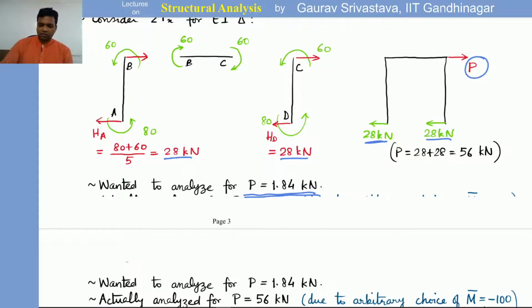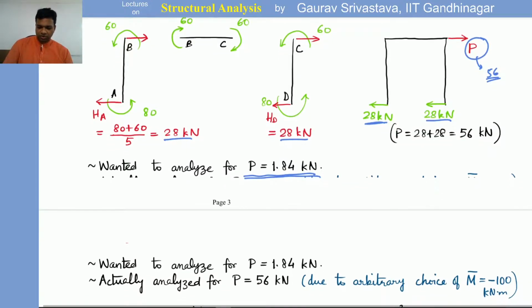But we actually solved for the case where p is equal to 56, right? So this net reaction to the left and the applied force to the right, they have to balance out. So instead of solving it for p equal to 1.84 kilonewtons, we have actually solved it for p equal to 56 kilonewtons. Okay, and this is obviously because of the arbitrary choice of m bar.